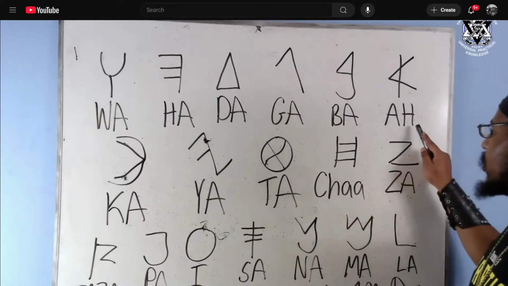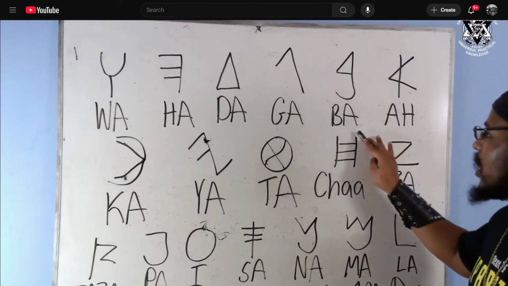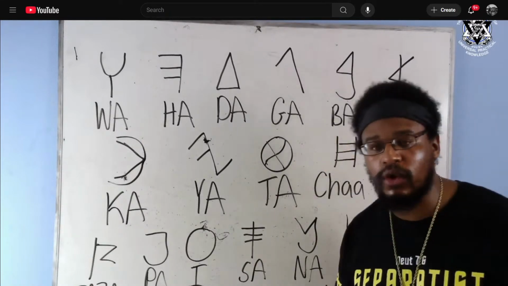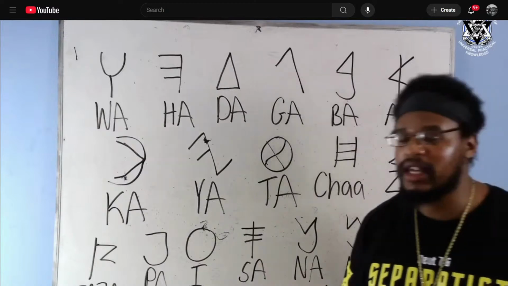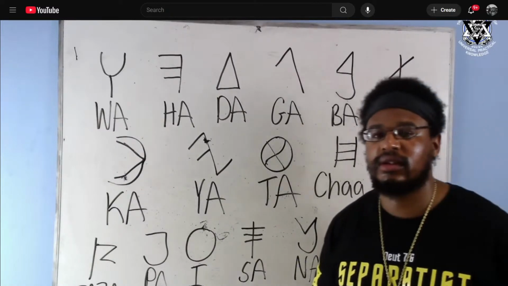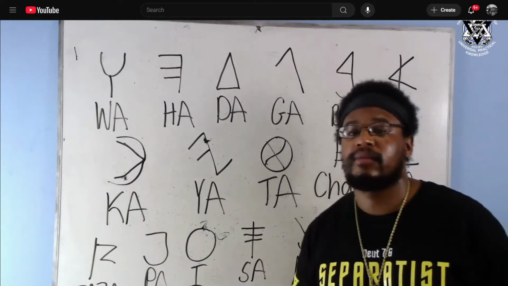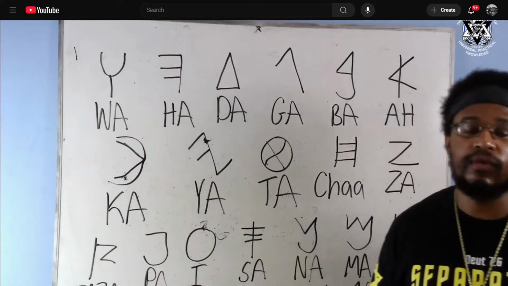So remember, Ba, Ga is a simple language. It's pure, it's simple, it's easy to understand. It was the original language. The whole earth spoke it before the Tower of Babel.